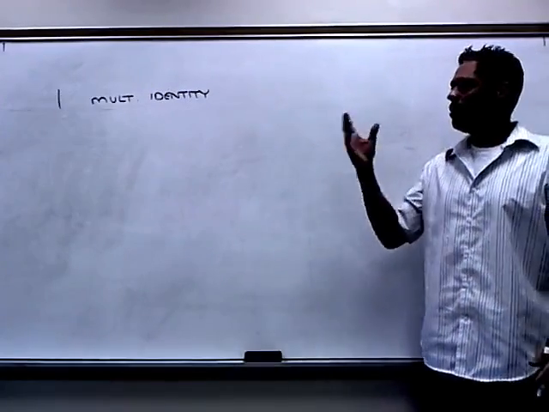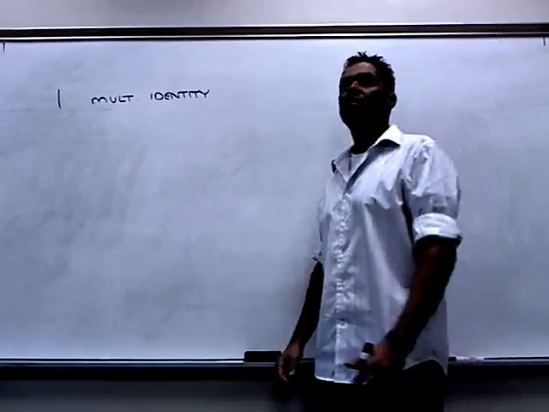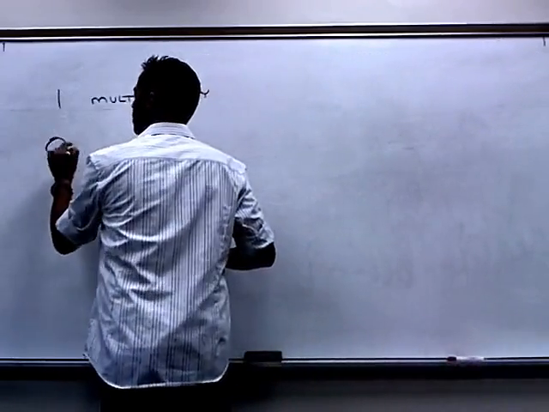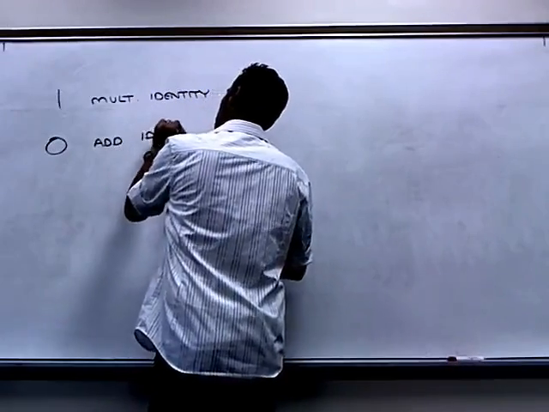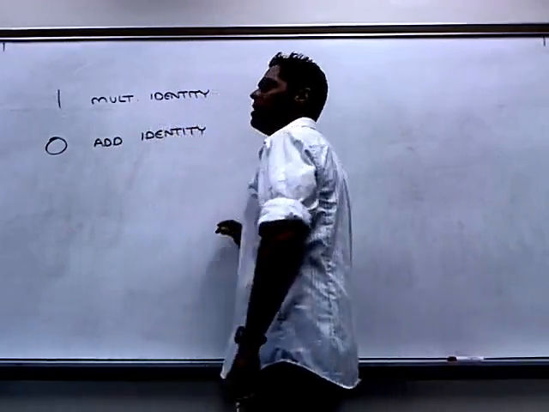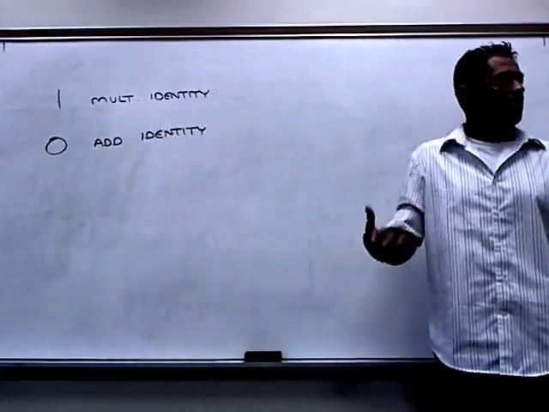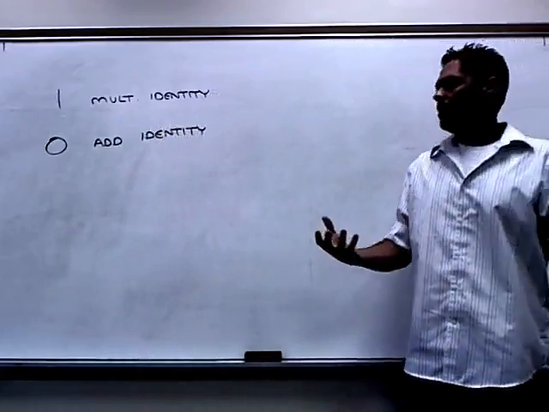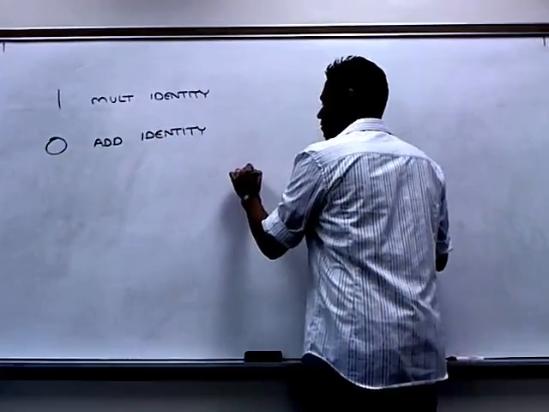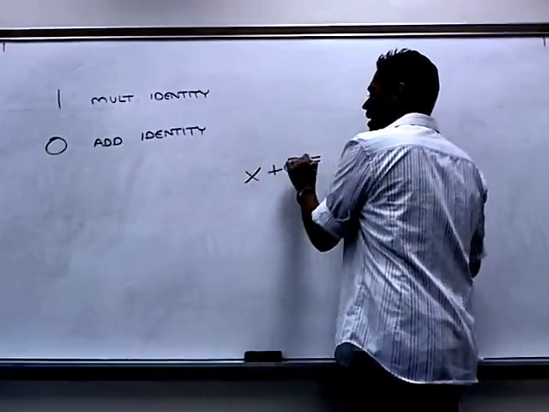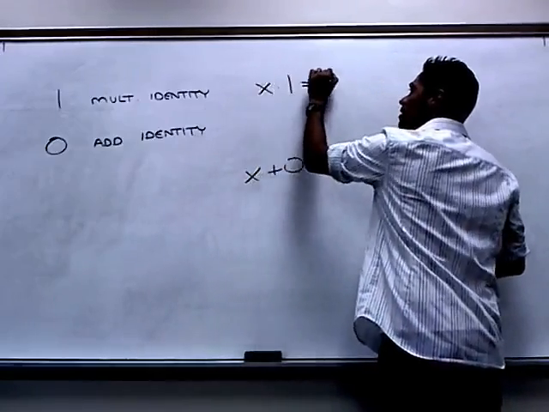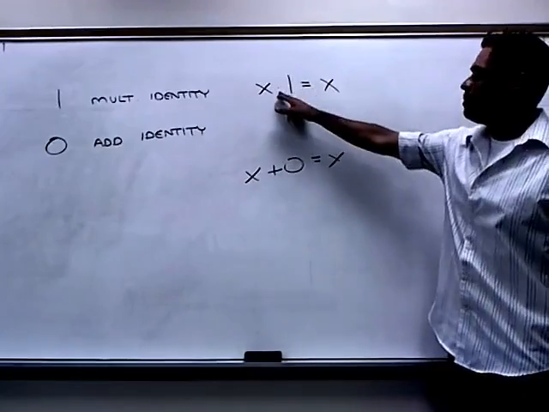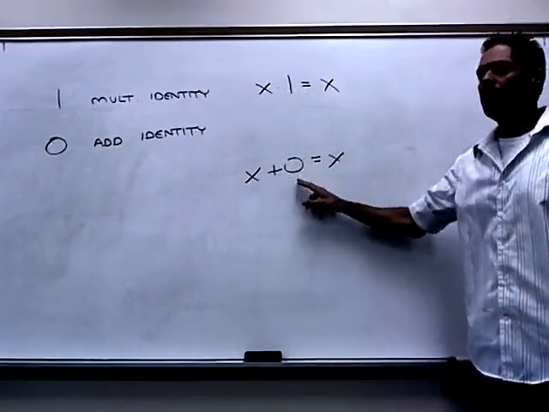Then 0 is the other number, and this is called the additive identity. Because isn't 0 plus anything itself? If I take anything, x, and I add nothing to it, what do I get? x. This top one was saying x times 1 is still x. See, multiplicative identity, additive identity.